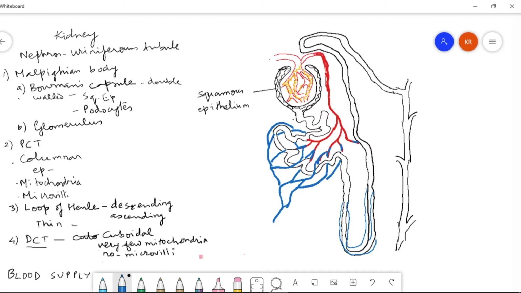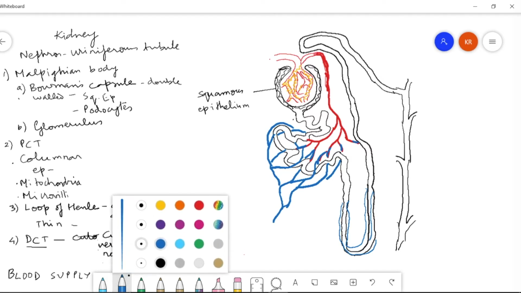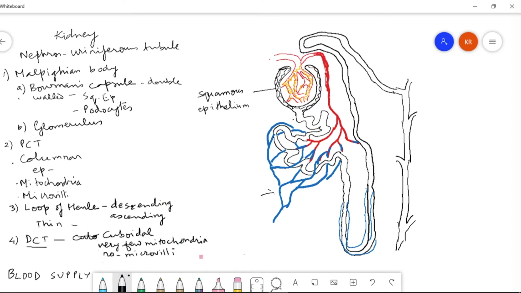And so this is actually a venule. And this will ultimately join as the renal vein.